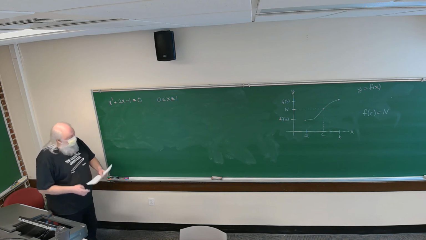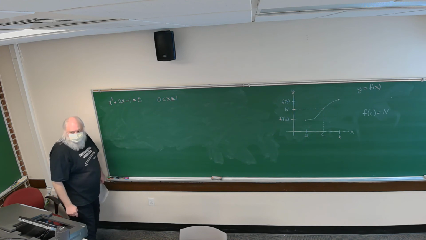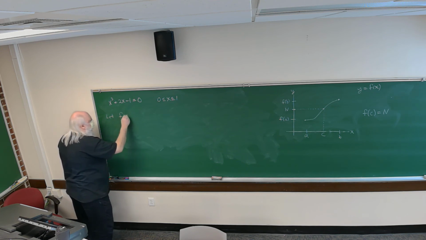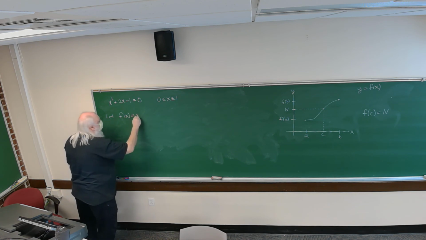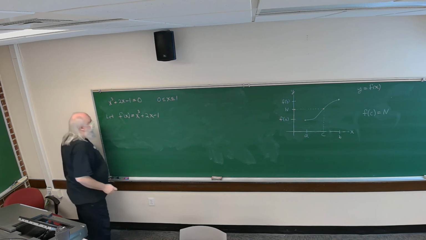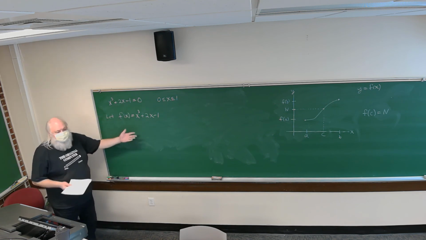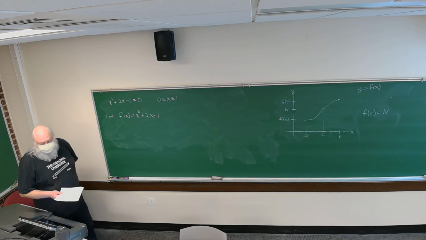The left-hand side here is a polynomial of degree 3. So we're going to let f of x equal x cubed plus 2x minus 1. When we set this equal to 0 and solve for x, we're looking for an x-intercept in the graph of this polynomial function, where it crosses or touches the x-axis.